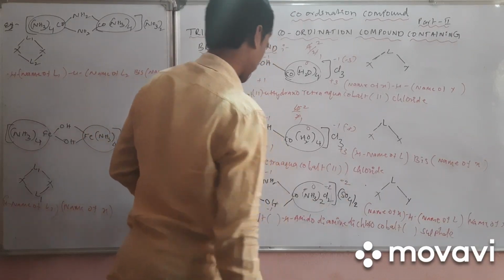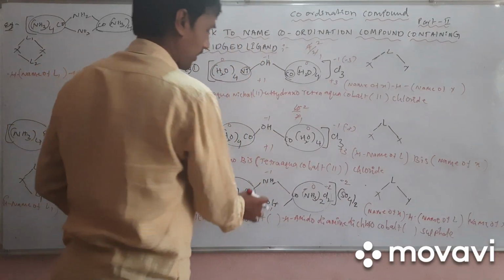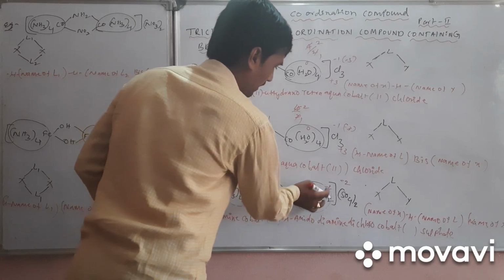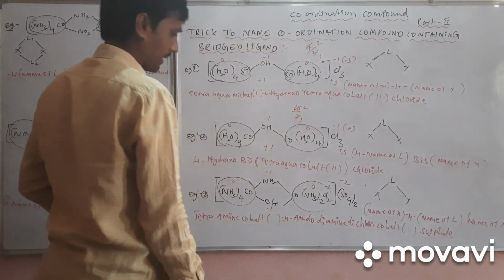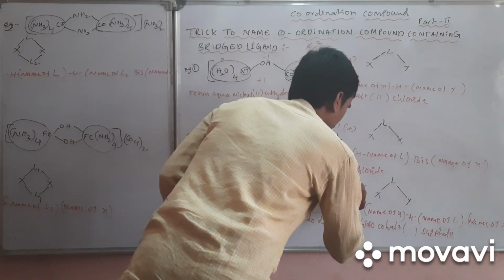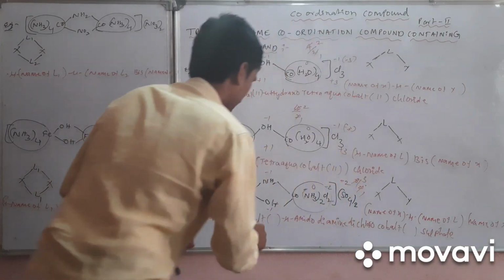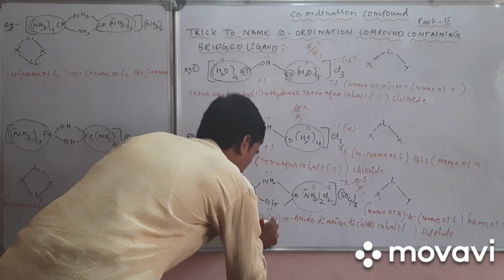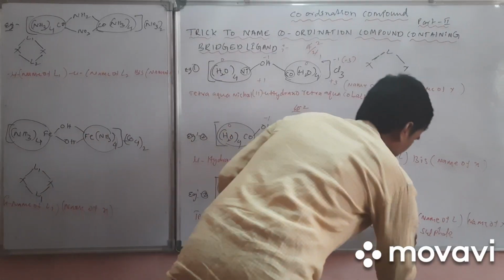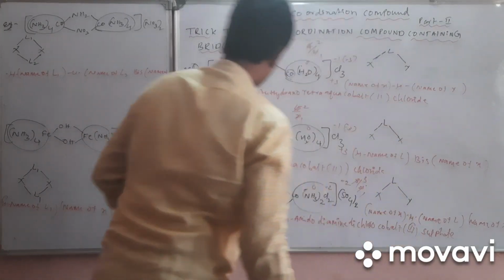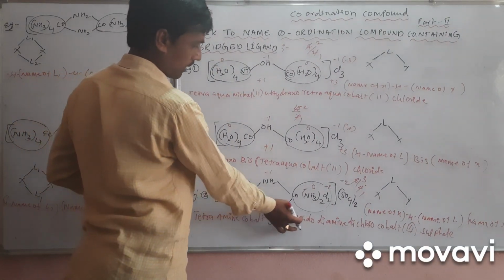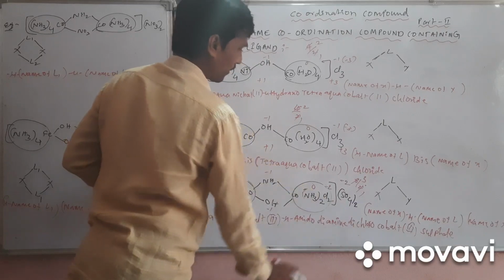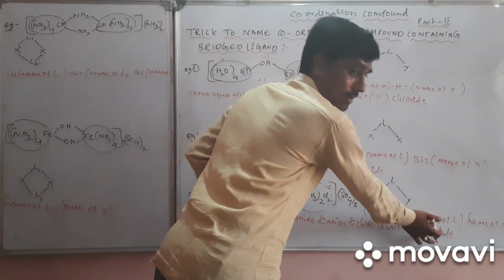In the calculation part, it is +1, this is +2. Totally we get 6. 6 by 2 is 3. That's why the oxidation number of cobalt is 3. In the bracket we write 3. The name of this one is: tetraammine cobalt(III) mu amido diammine dichloro cobalt(III) sulfate.